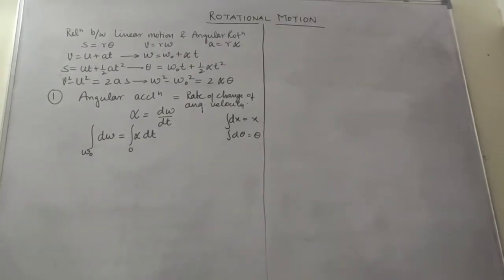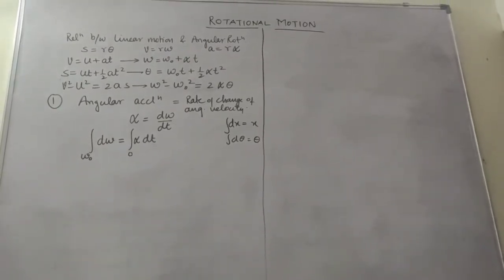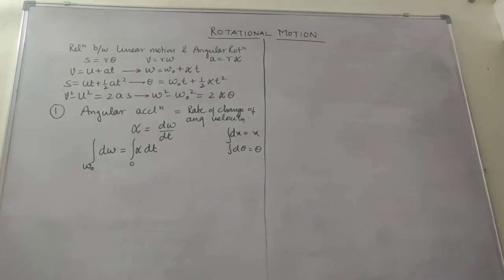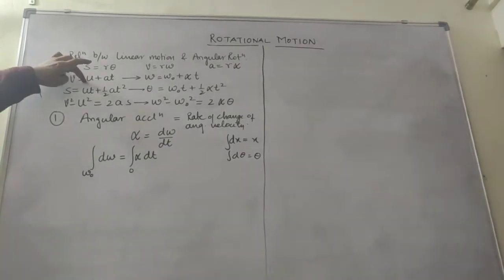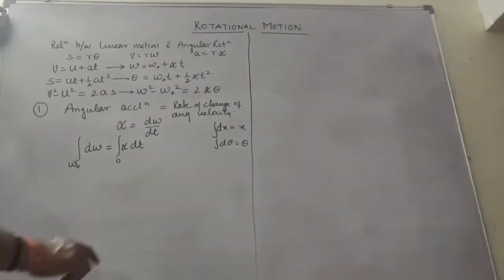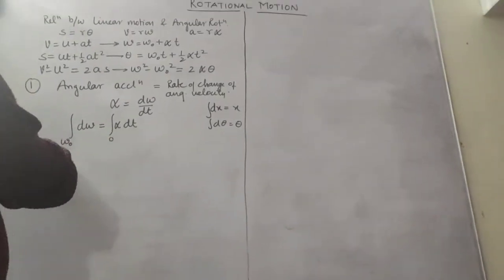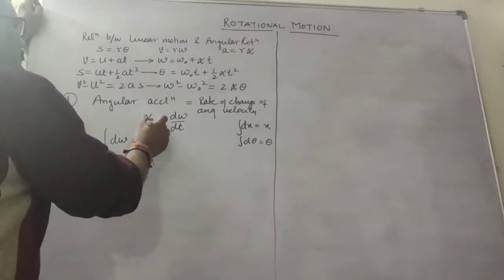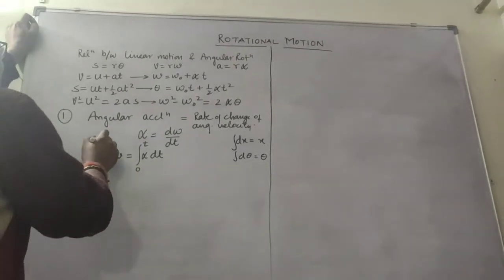Here omega naught indicates the initial angular velocity. What u plays in linear motion will be played by omega naught. When time t is 0, velocity is the initial angular velocity. When time is t, it becomes the final velocity.